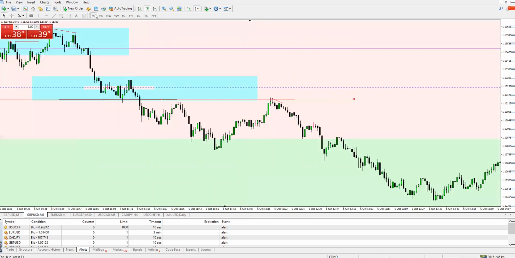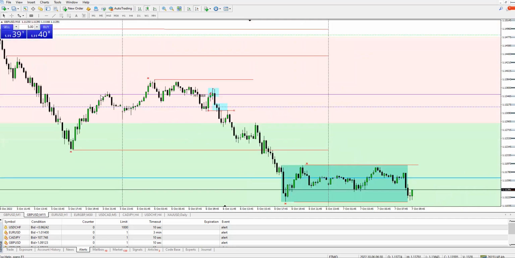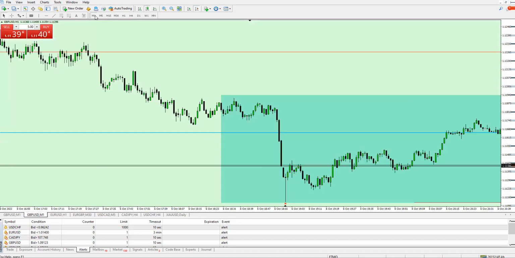I mean, if you'd entered that trade there, let's just have a look here. So if I put this here and then I go back to that 1 minute, there's that SMT that we saw over there. Here's the order block that we saw over here.